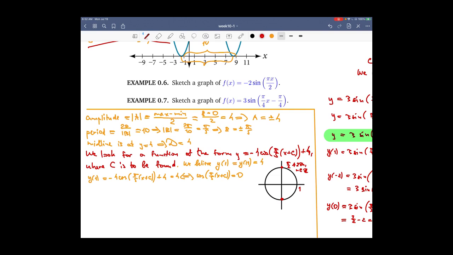So pi over 2 plus pi n, where n is an integer.